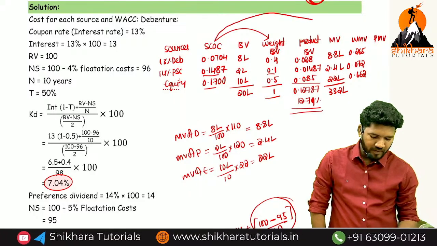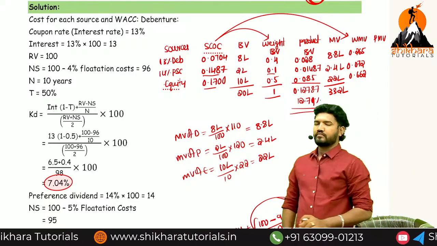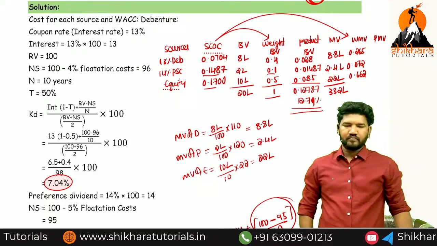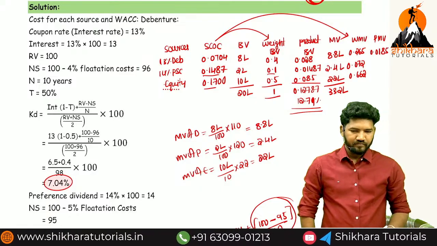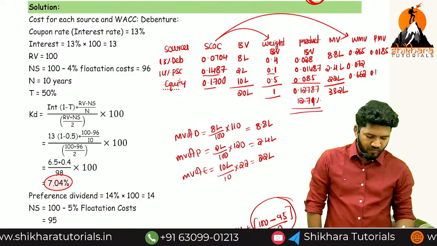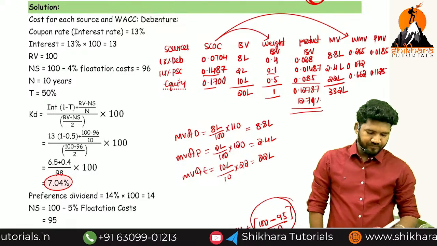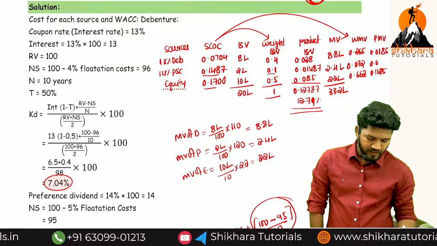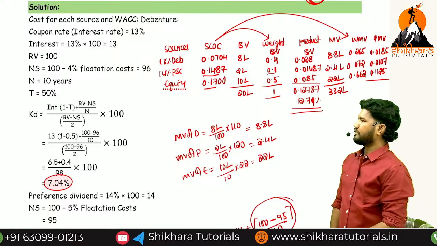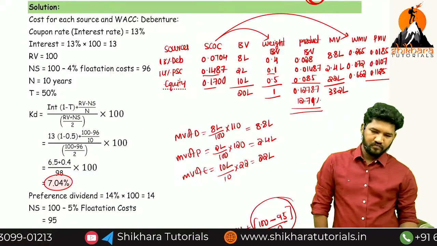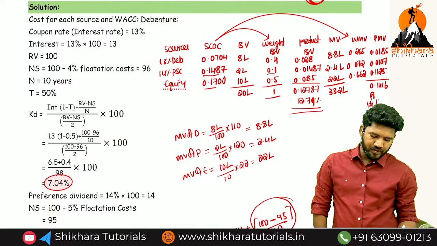Specific cost of capital into weight of market value. 0.0185, 0.11, 0.11, 0.0125. Total 14.16%.